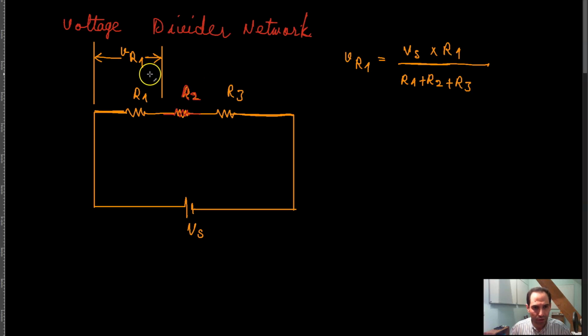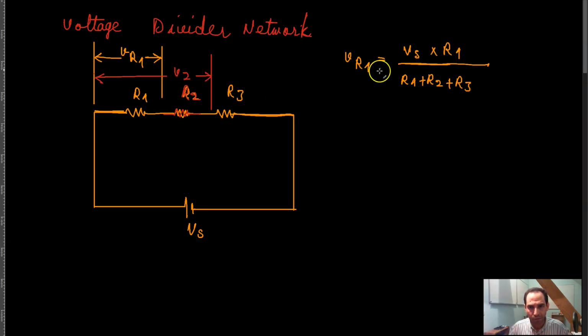But essentially, there is a voltage across this point and this point in the circuit. Call it V of 2, which would be a voltage across these two points, not across R2 alone, but across R1 and R2 put together.